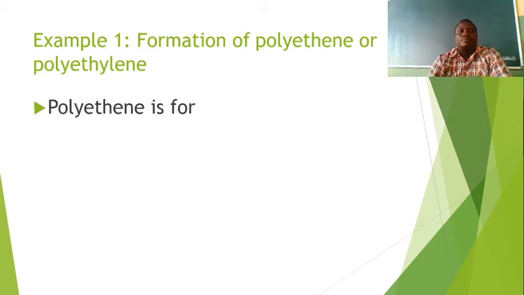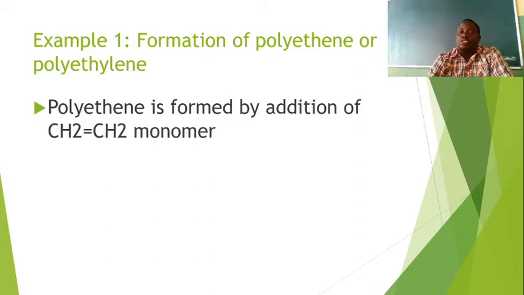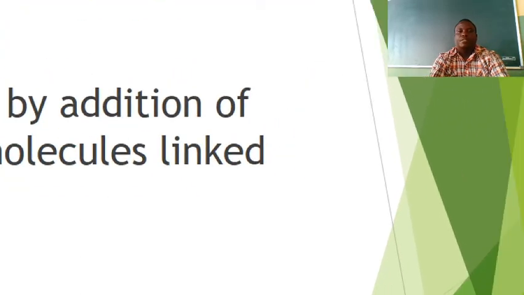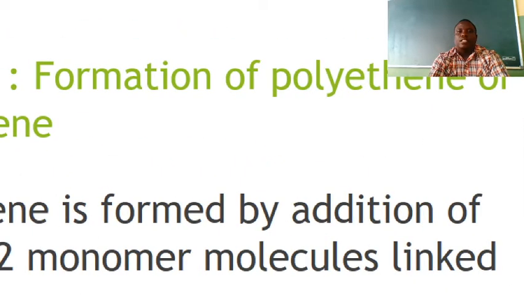Polyethylene is formed by addition of monomer molecules, which is CH2=CH2, which is ethene or ethylene. Those are two names used for it, and you may be familiar with them. It can be called ethene, and it can also be called ethylene, which is the very commercial name.